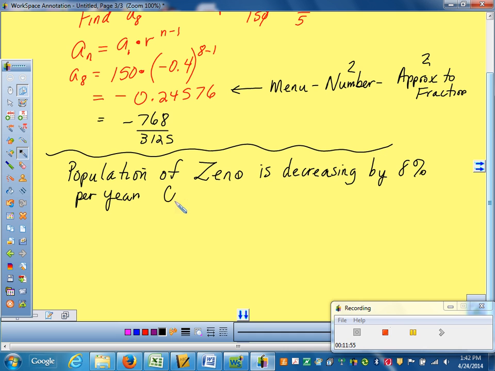Okay, current population is 2,100. So it's very similar to Seneca in size.